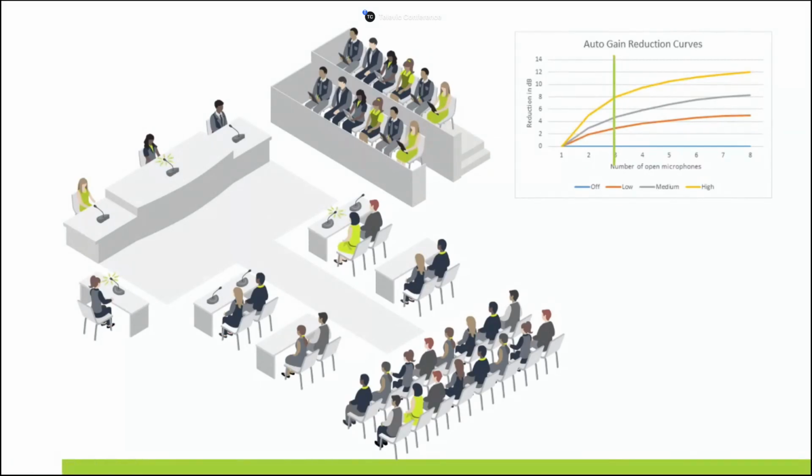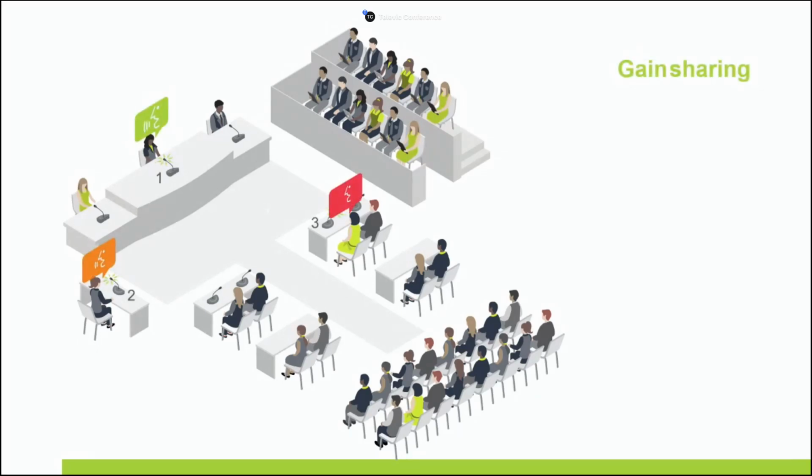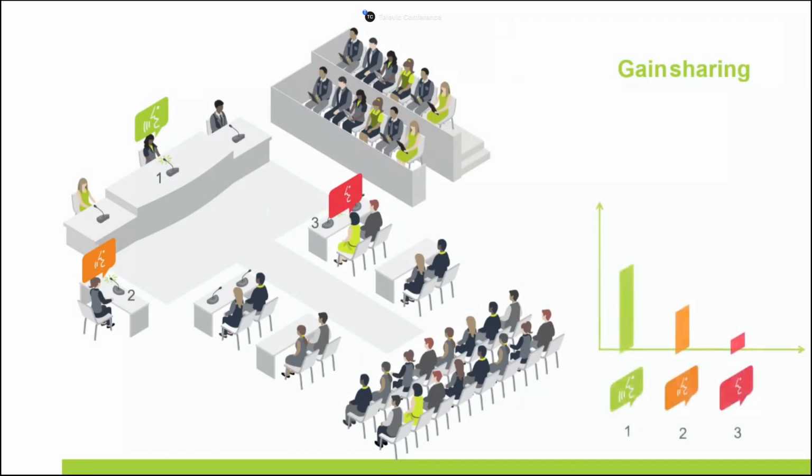Now, what we've added to the solution is that we apply a gain sharing principle. That's basically a Dan Dugan-like algorithm that has been integrated into the Plexus architecture, and basically gives us the capability to have an overall gain that stays constant, but really looks at the individual inputs on the microphone level.